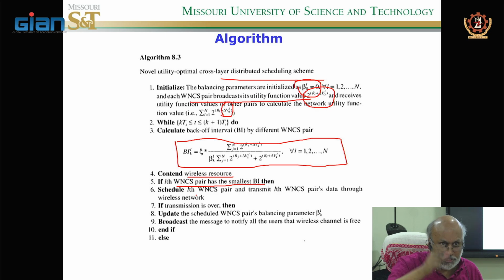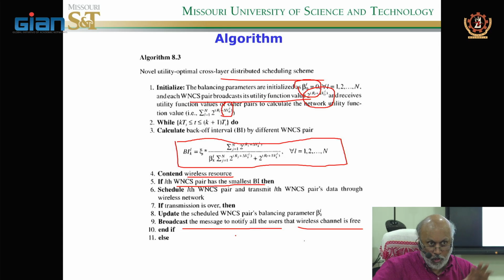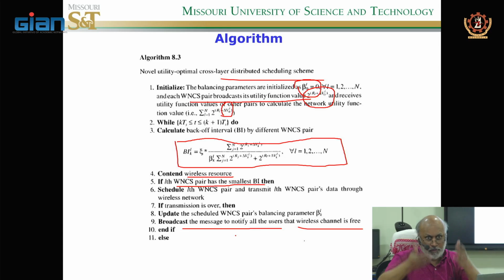And this is how you're scheduling it. Then it broadcasts a message to notify all the users that once it's completed, the wireless channel is free, so then it goes off. You understand that? So this is how the protocol works. Once you compute the control input, these two keep going back and forth.